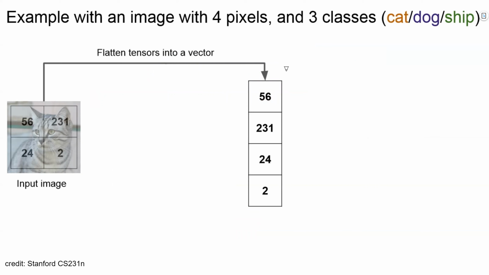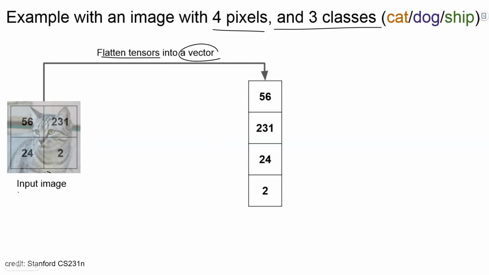To give you a more concrete view of linear image classifiers, I'm going to give you an example with an image with 4 pixels and 3 classes. Let's say the input image has these 4 pixels. First we flatten the tensor into a vector.